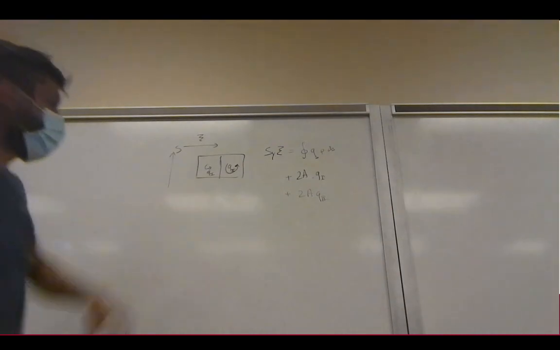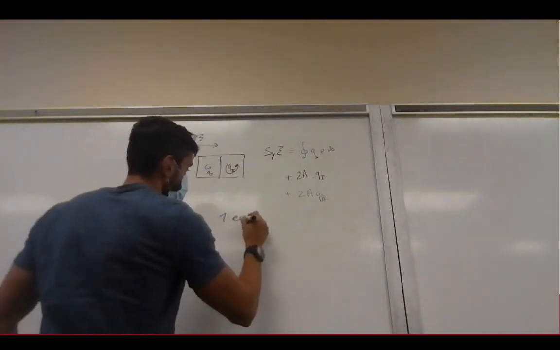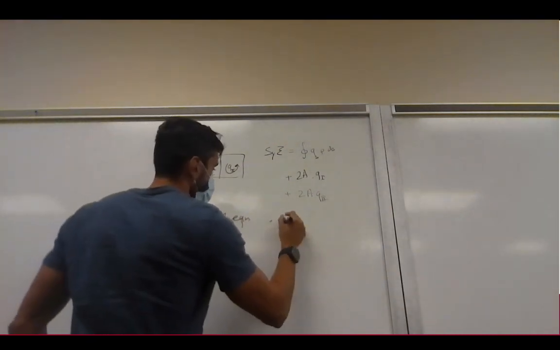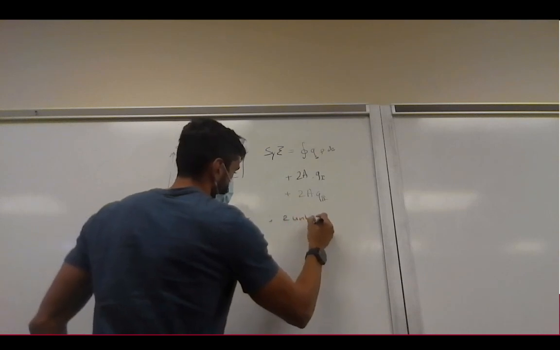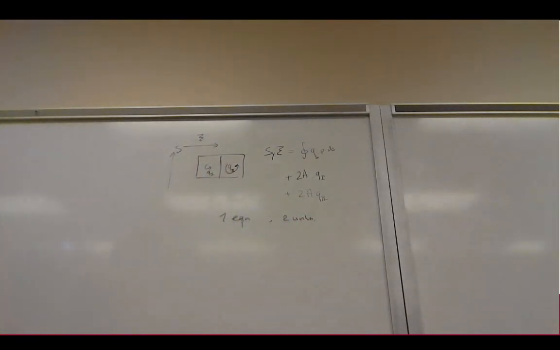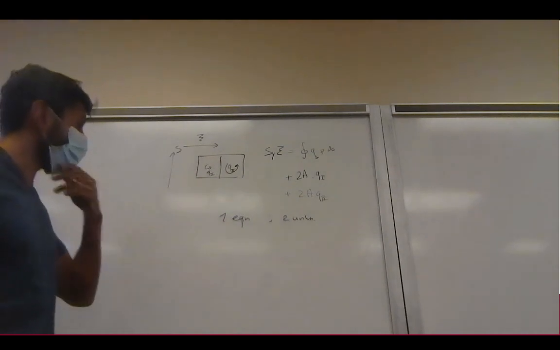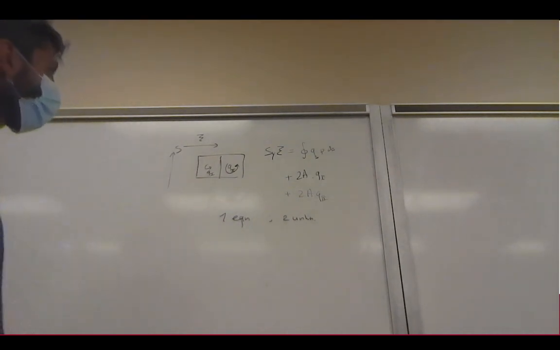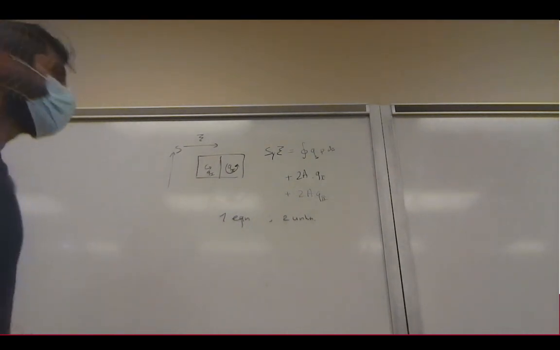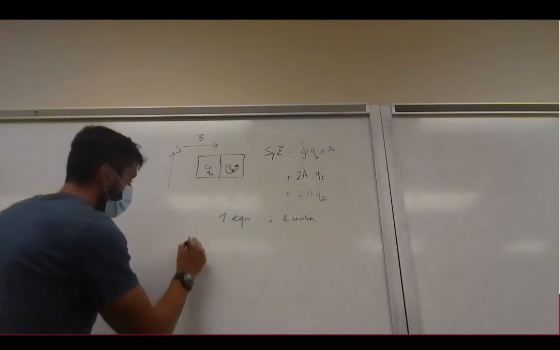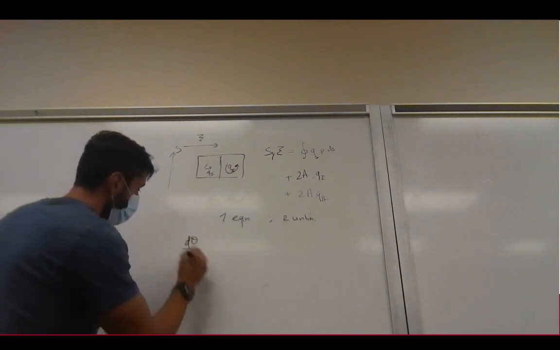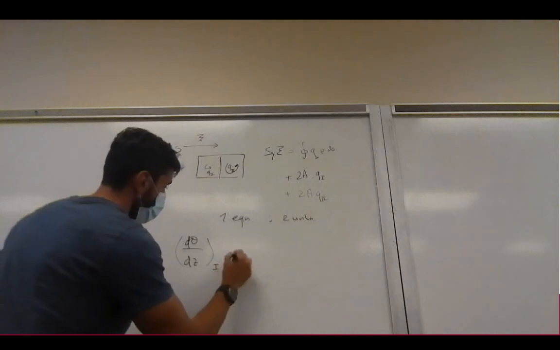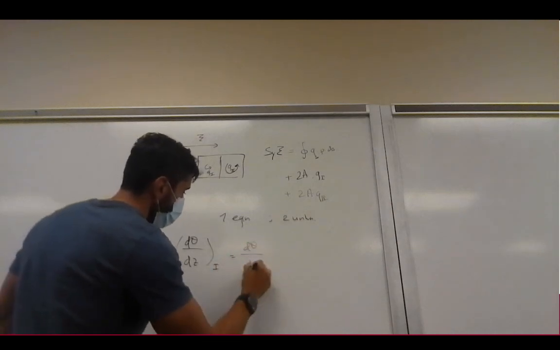So what we now have is one equation and 2 unknowns, so we cannot solve this. In order to solve this, we have to come up with an extra equation. What we do is equate the rate of twist in cell 1 to the rate of twist in cell 2.